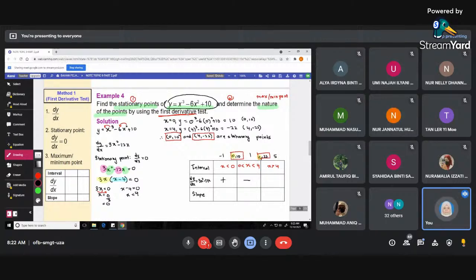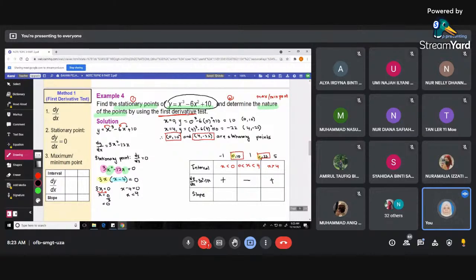Okay. Substitute 5 in dy dx. Positive. Positif. That's right. Okay. And then you need to draw a slope based on dy dx.